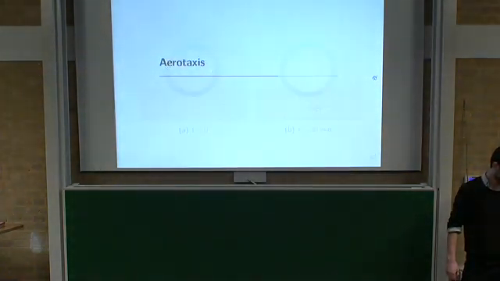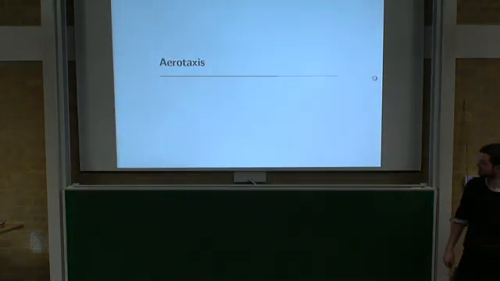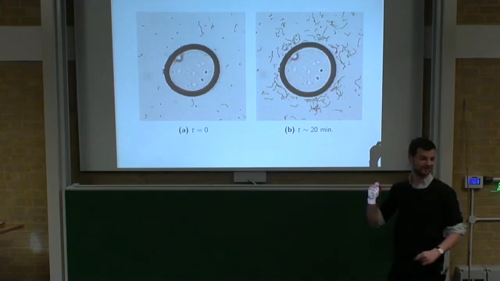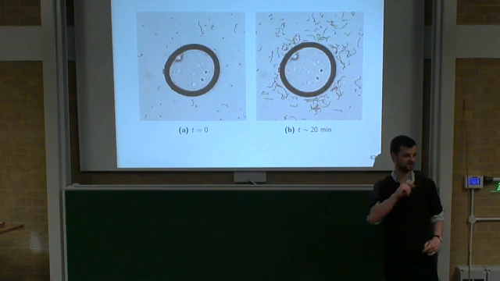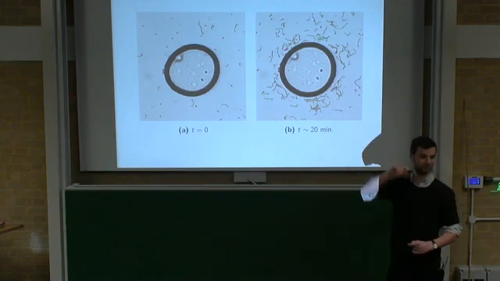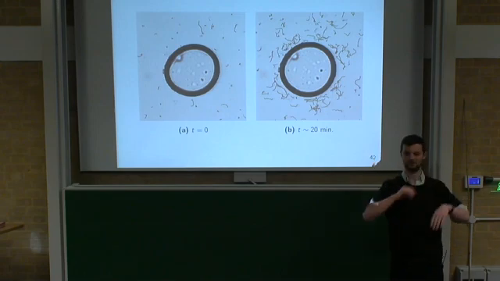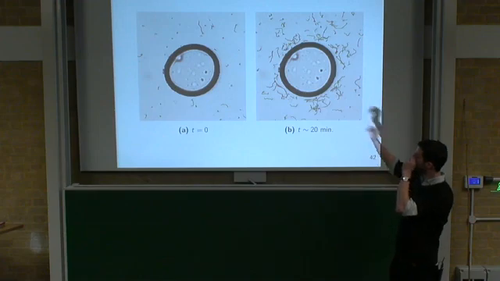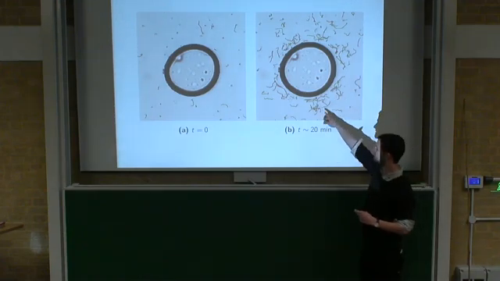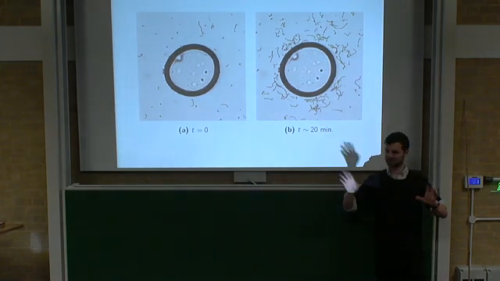Right, so in the last section, I'll talk about aerotaxis, which is something I noticed because in some of the videos I had very high concentrations of choanoflagellates, and sometimes you would accidentally have an air bubble trapped between two cover slips. What I found was that with high concentrations, after a long time, they would suddenly concentrate around the air bubble.